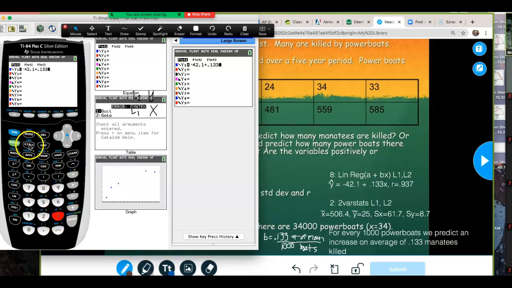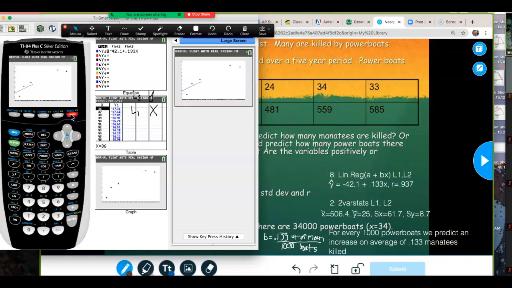And x is up here, the X,T,theta,n key. So now here comes the line. I got the line on there.